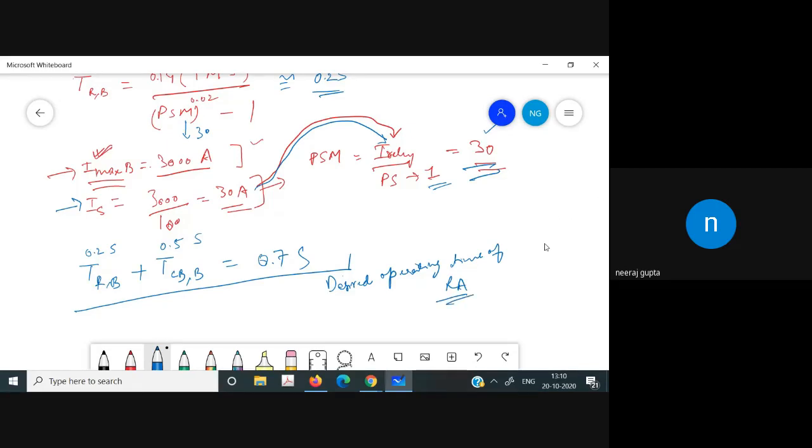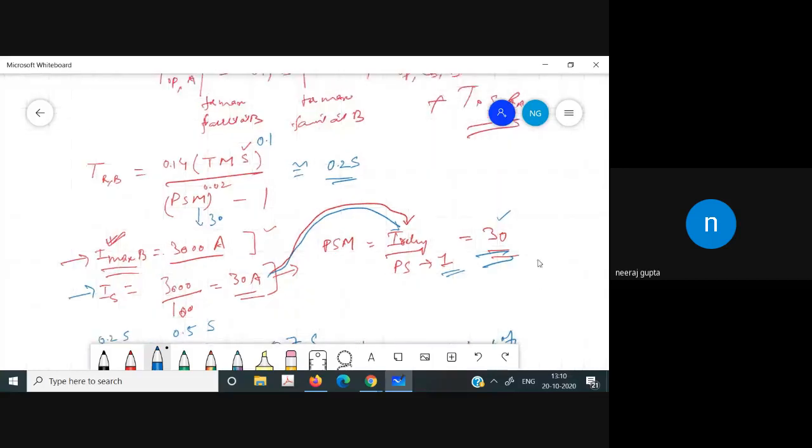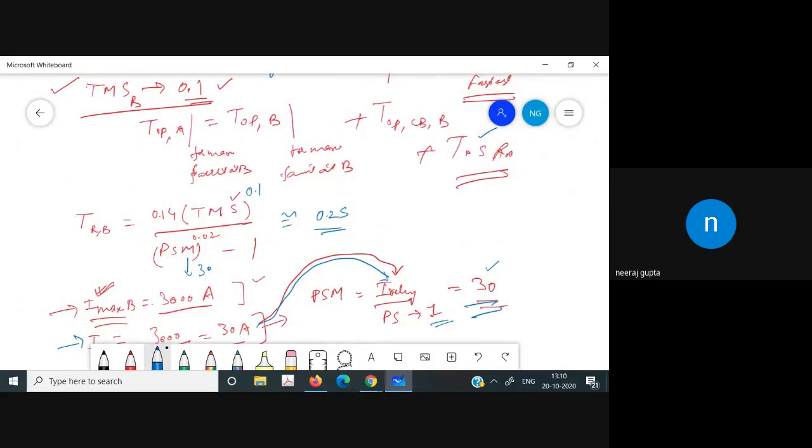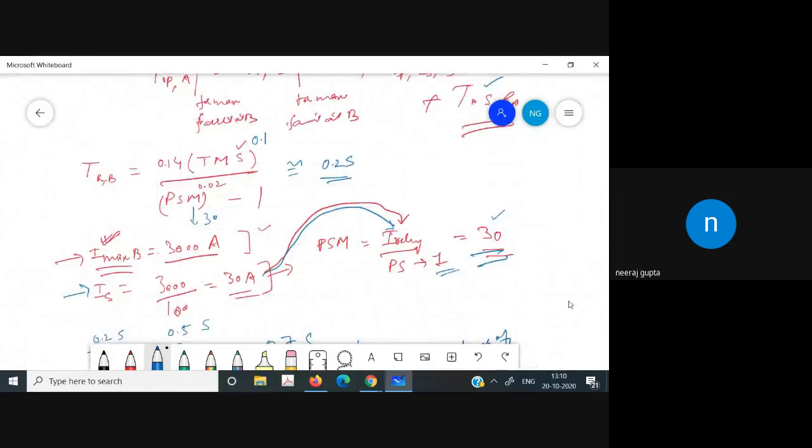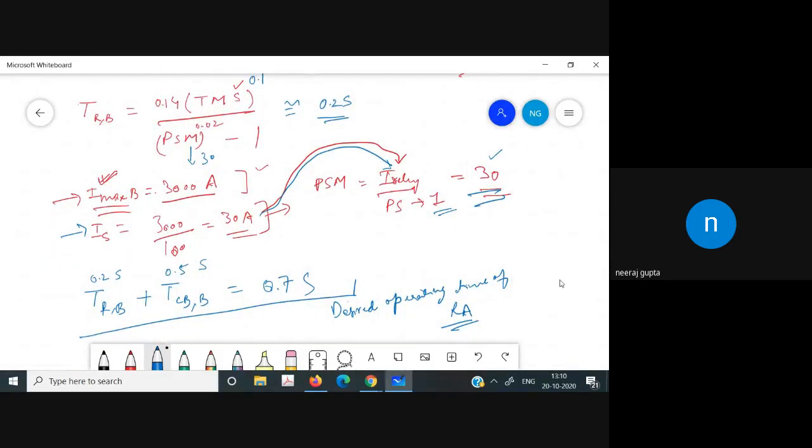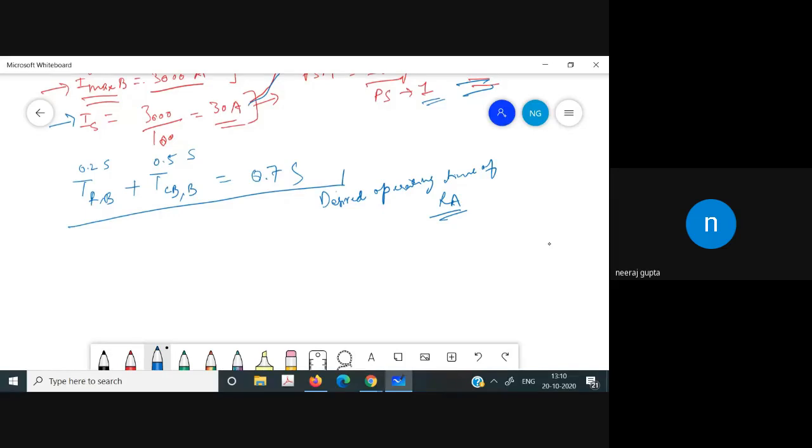However, as we have discussed, one more factor that comes into this is the overshoot time. We have to take this overshoot time into consideration, and the rule of thumb is to take the overshoot time as 10% of this value.